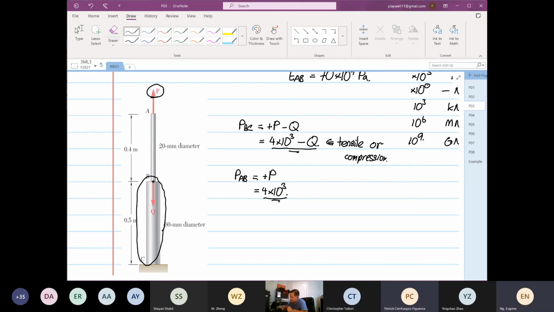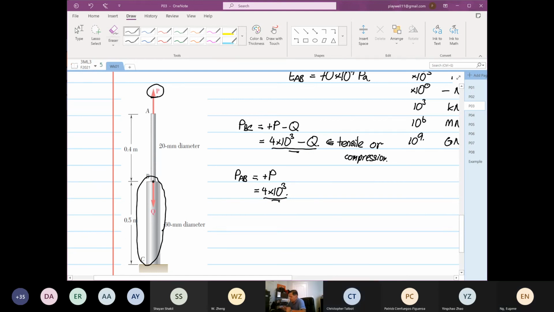Regarding sectioning, let's say hypothetically there's a different material: this is aluminum, this is brass, and this is steel. If that's the case, you have to section them into how many parts? 1, 2, and 3. But for this example, it is just 2 parts over here.